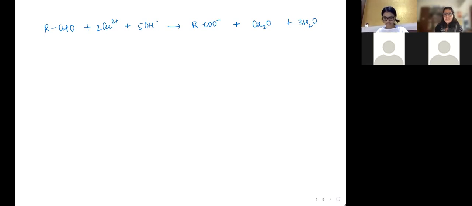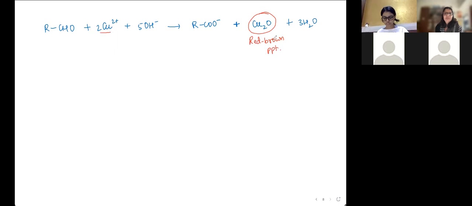Okay. So this has a characteristic color. Copper oxide is a red brown precipitate. So if this reaction is taking place, then copper gets reduced from 2+ to 1+, cupric to cuprous. So when you have Cu+, you have Cu2O formed in this process, which is a red brown precipitate.